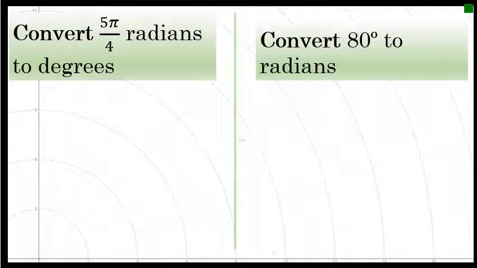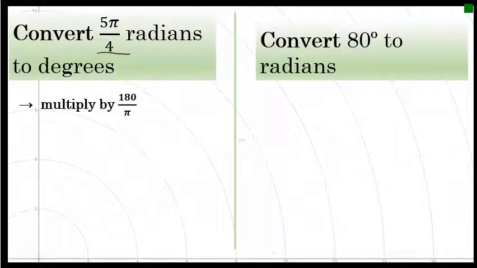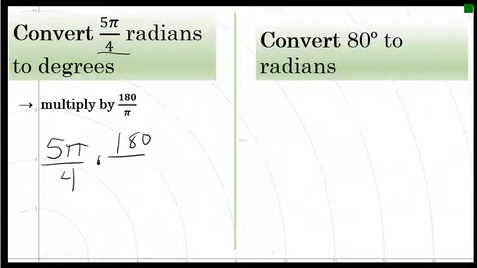Let's finish up by completing two more examples, one of each kind. First, let's convert 5 pi over 4 radians to degrees. Recall that when converting from radians to degrees, you multiply by 180 over pi. So if I want to convert 5 pi over 4 radians to its equivalent measure in degrees, I'll multiply by 180 over pi.